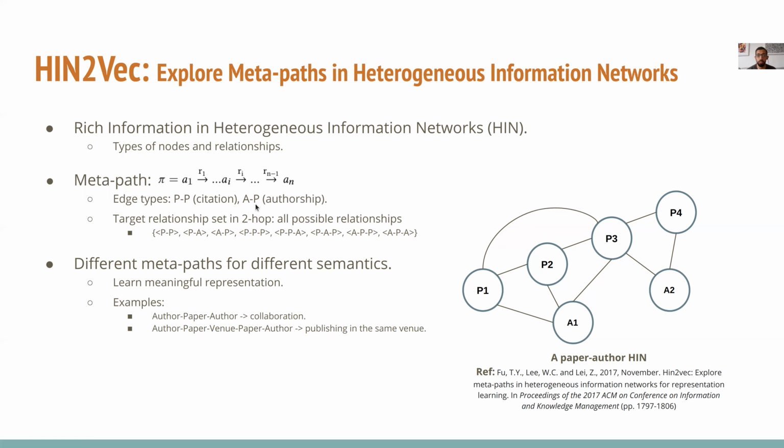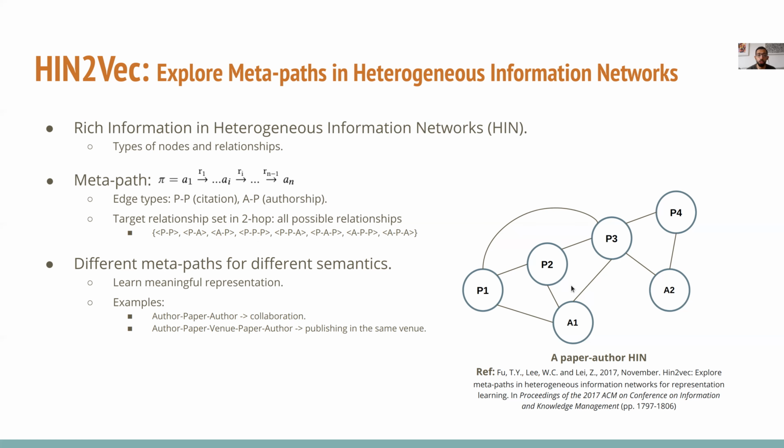Now, if we choose to extract all the metapaths that have at most a length of two, so where they are within two hops, then all the possible metapaths, or sometimes we call them relationships, from this graph will be, as you can see, PP, PA, AP, and then we have PPP, which is a two-hop path, and this is all the combinations we can extract from such a graph.